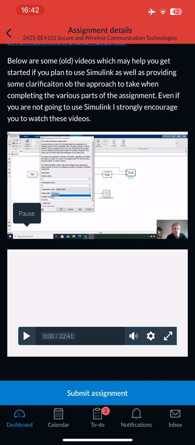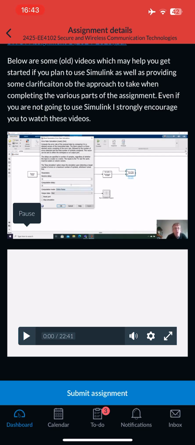Now, I don't want to do that here. I want to be able to see it on the model when I run it. So instead of outputting the data to the workspace, I'll output it to a port. When I do that and apply it, we'll see that a little arrow has now appeared that wasn't there before.